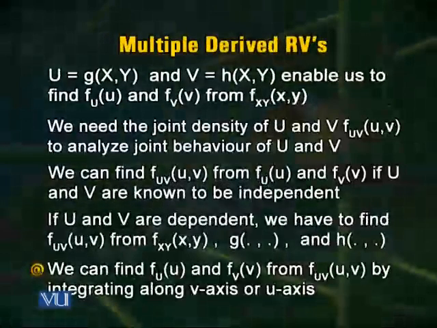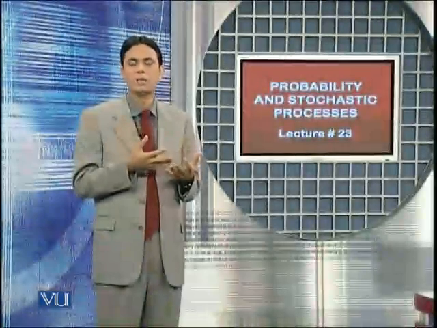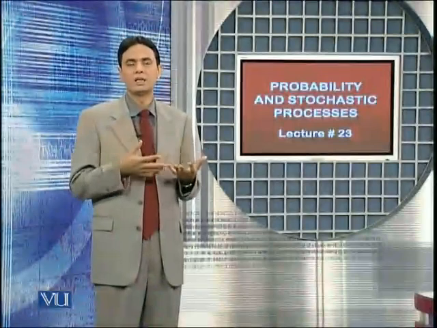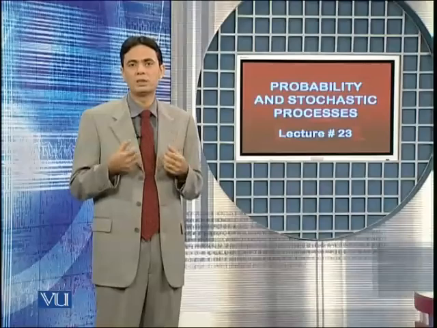Once you have these two marginal densities, you can multiply them together and see if the multiplication of the two marginal densities is equal to the joint density of u and v. If they are equal, then u and v are independent, but usually they are not, and we should not make such an assumption. Hence, you first find the joint PDF, and from that joint PDF you can find marginal densities and other quantities of interest that can be used to answer complicated questions.